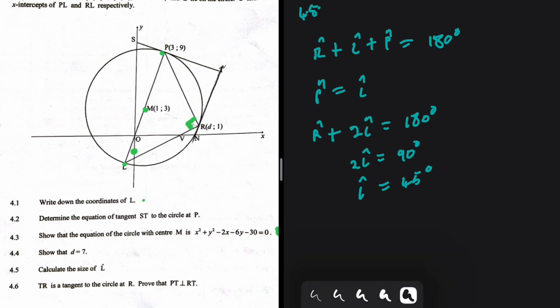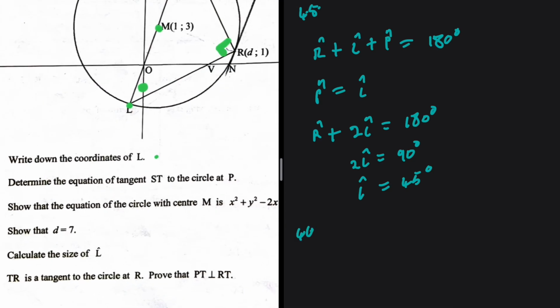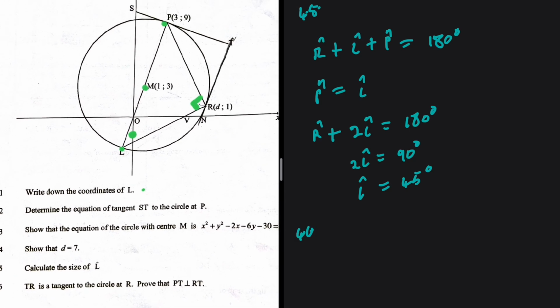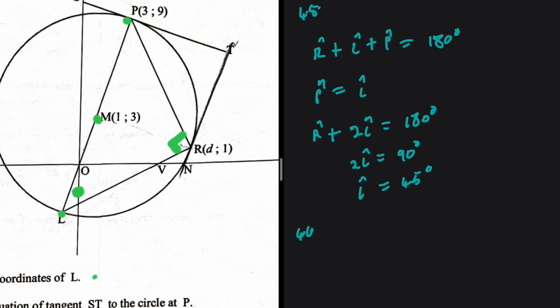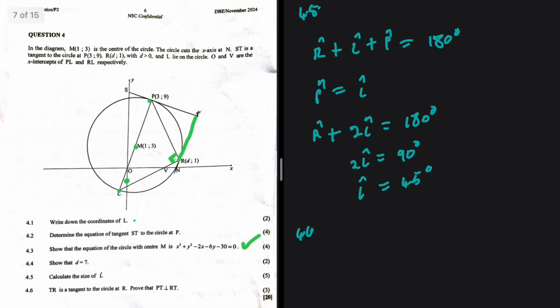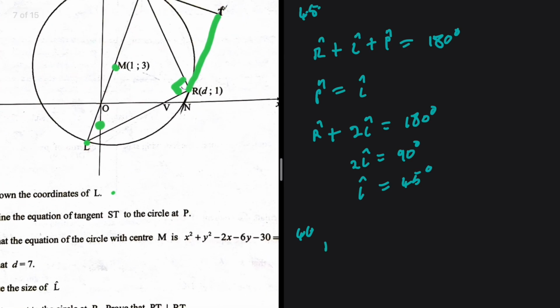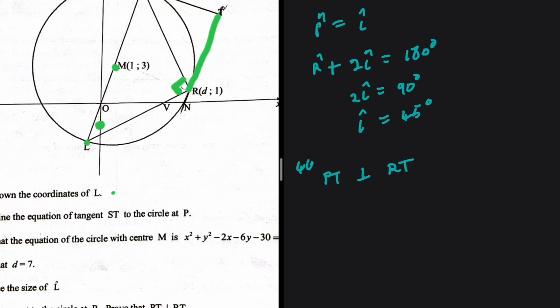4.6. TR is a tangent to the circle at R. So this is TR. It is a tangent to the circle at R. And then the question says, prove that PT is perpendicular to RT. So I'm not going to give myself a headache.